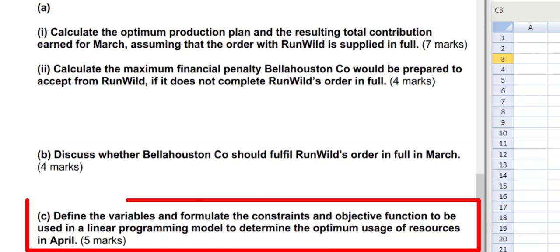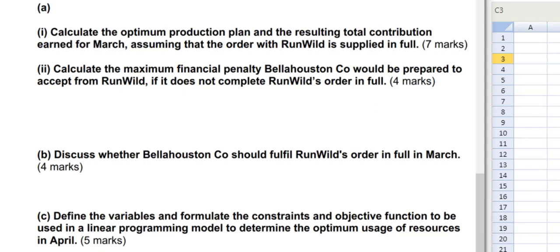And then finally, define the variables and formulate the constraints and objective function to be used in a linear programming model to determine the optimal usage of resources in April. That's 5 marks. Now notice it says define the variables and formulate the constraints and the objective function to be used. Do not solve the linear programming. Okay, so it's just formulating those formulas.